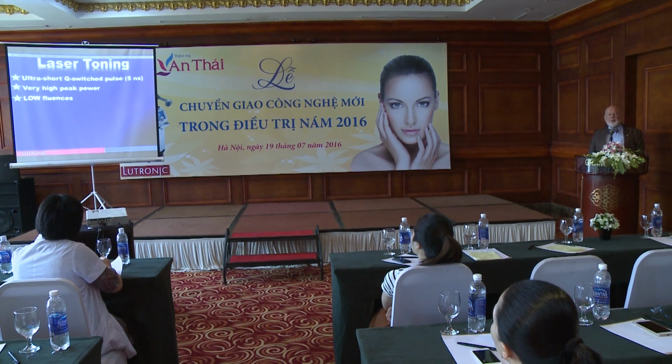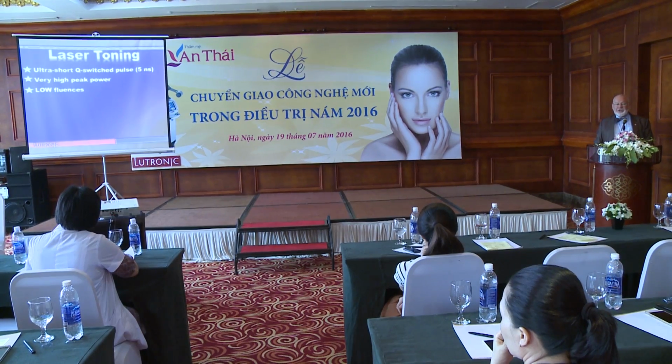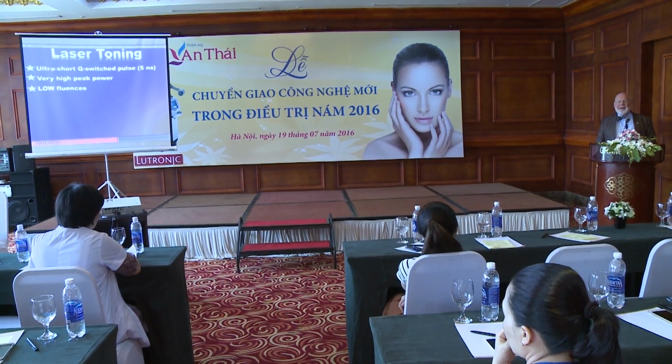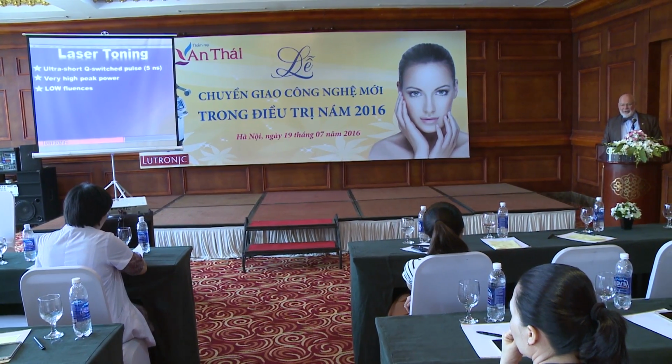One of the most problematic lesions for Asian skin types, especially for ladies, is melasma. A special treatment technique using spectra, which we call laser toning. Toning has very, very short pulse widths, 5 nanoseconds. A nanosecond is 1 billionth of a second. And this gives very, very high peak powers, in hundreds of thousands of watts per square centimeter.